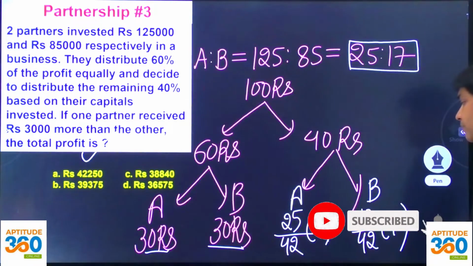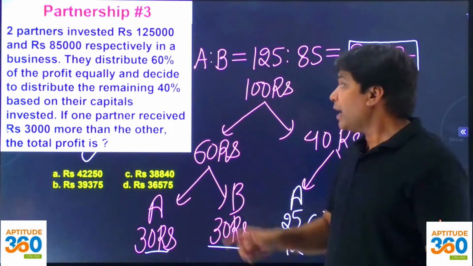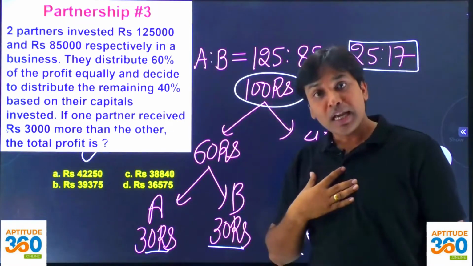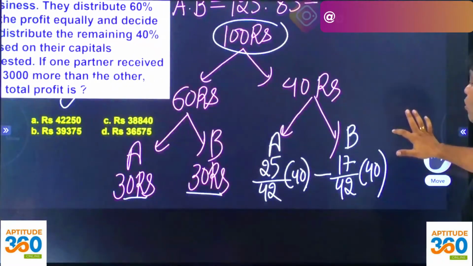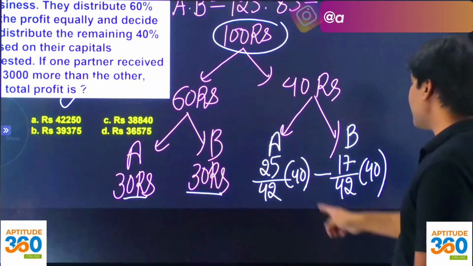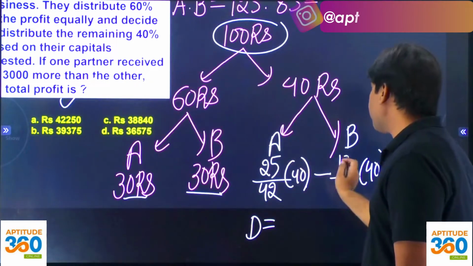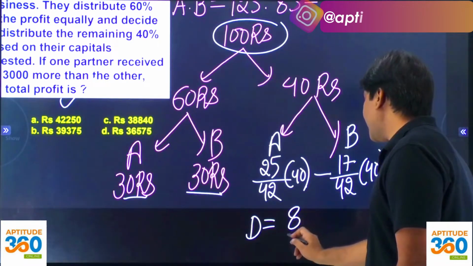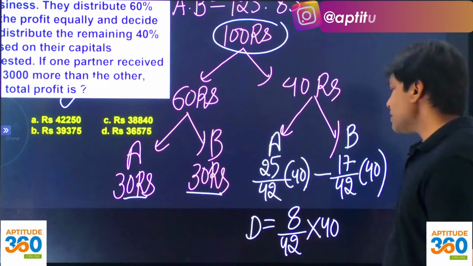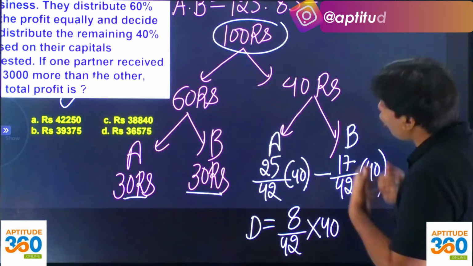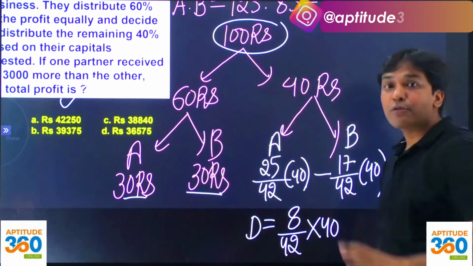Difference is going to be from here because A is making more than that of B. So this minus this will be the difference, and the total profit that we have assumed is 100 rupees. वो बाद में निकाल के देखेंगे कितना आ रहा है. अच्छा जी, और अगर ये हो गया तो हमारे हिसाब से what is going to be this difference? 25 minus 17, that value is coming out as 8 divided by 42 into 40, isn't it? That's the difference.